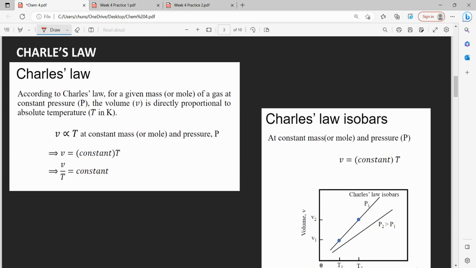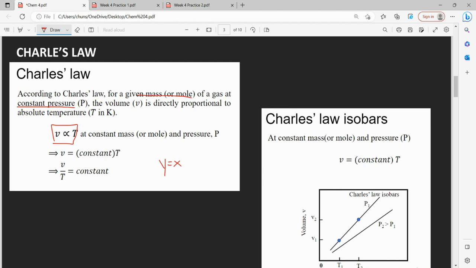Now moving on to Charles' law. For a given mass or mole, at a constant pressure, so instead of temperature, we're fixing pressure, the volume is directly proportional to the absolute temperature in Kelvin. So that is represented by this model. And this looks more like y equals x on our graph, right?